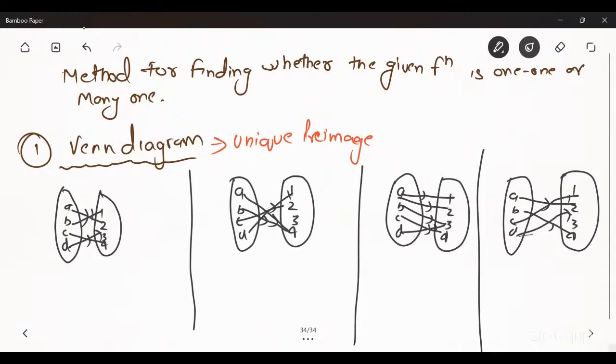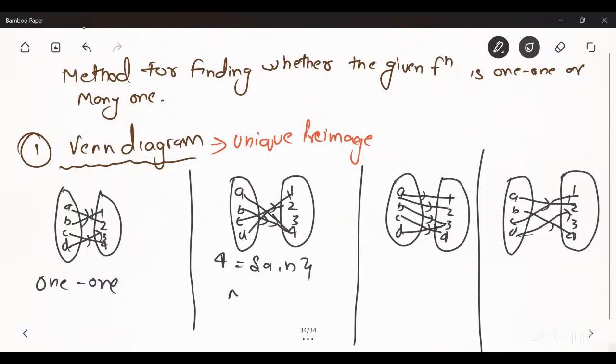Now in the first one, you can see that 2 has pre-image D, 1 has pre-image B, 3 has pre-image A, 4 has pre-image C. So that function is a one-one function. In the second one, 4 has two pre-images, A and B. So that was not unique.